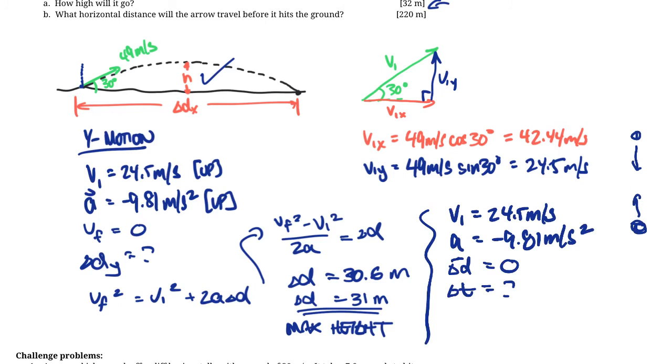So if we look for the equation that has this stuff in it, notice how we don't care about our final velocity here, though you can figure out what your final velocity is as well. But let's not worry about that right now. The equation that we can use is delta D equals VI delta T plus 1/2 A delta T squared. If we plug everything in, our delta D is 0.